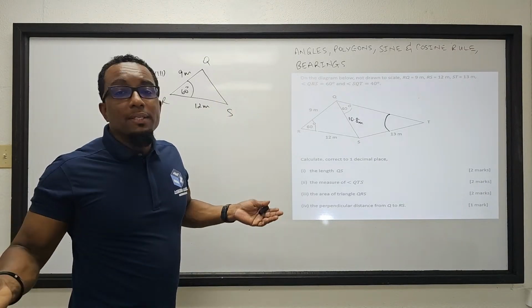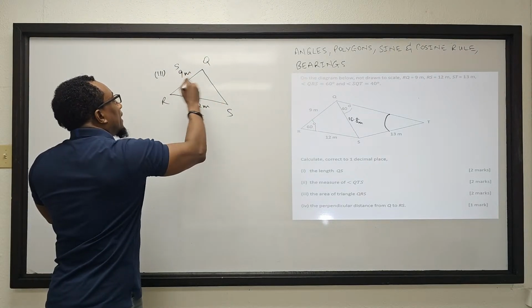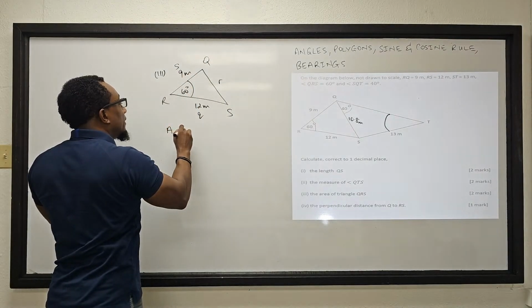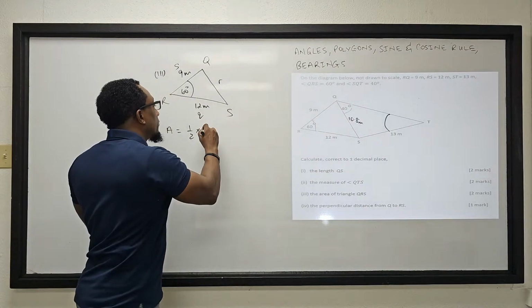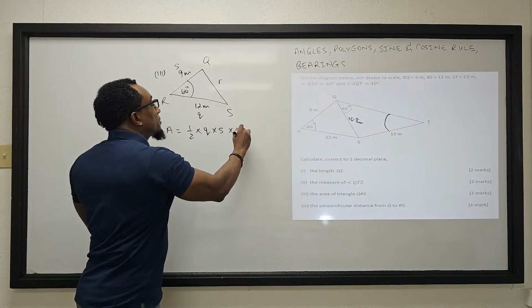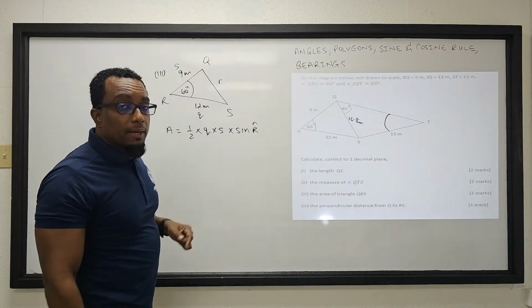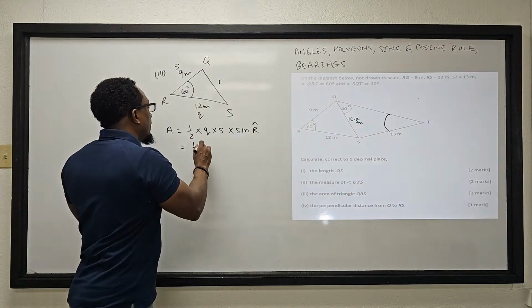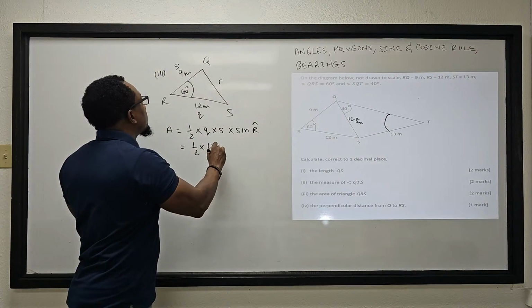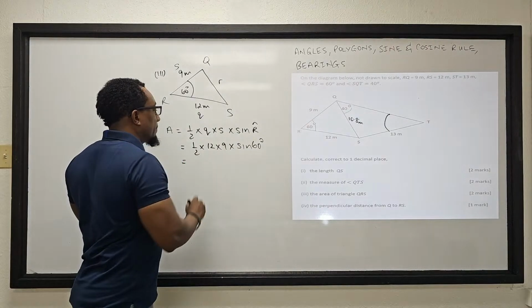So to find the area, what are you going to use? This is small q, small s, small r. So the formula is a half times small q by small s by sine the angle at R. Just remember this very important formula for the area of a triangle, which is a half times 12 by 9 by sine 60.